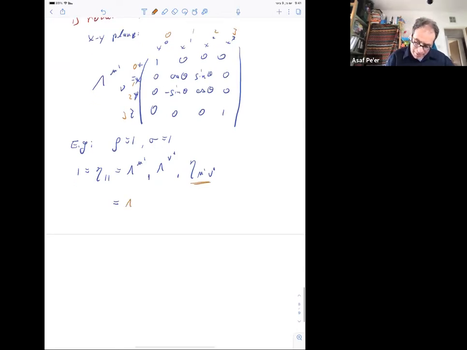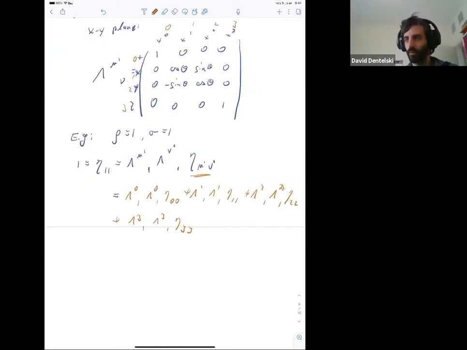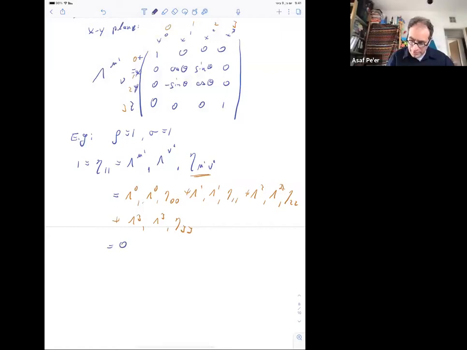So lambda 0,1 times lambda 0,1 times eta 0,0, plus lambda 1,1 times lambda 1,1 times eta 1,1, plus lambda 2,1 times lambda 2,1 times eta 2,2, plus lambda 3,1 times lambda 3,1 times eta 3,3. Now let's see. What is lambda 0,1? 0. So the first term is 0.